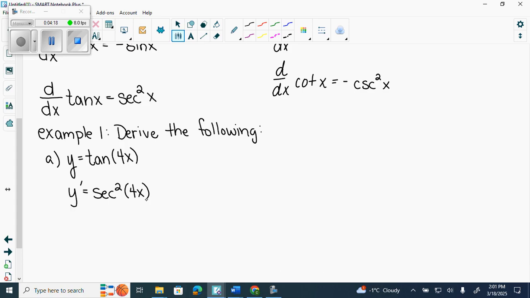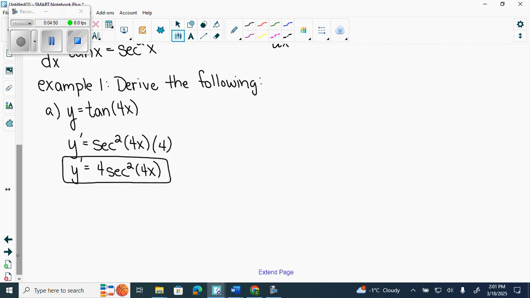What's the derivative of 4x? 4. So it will often get rewritten as 4 secant squared 4x. That's it.